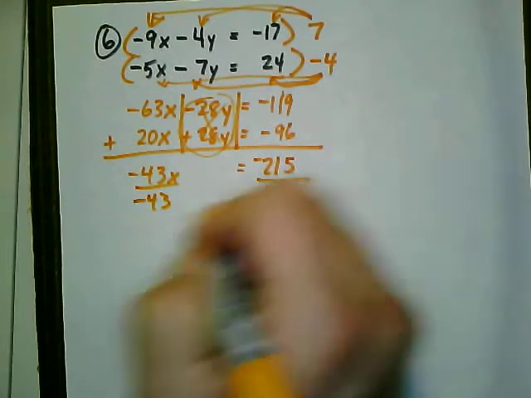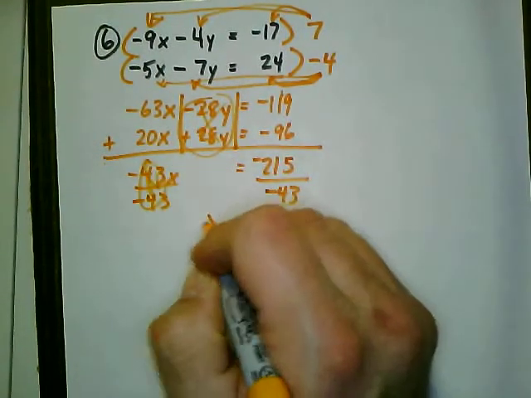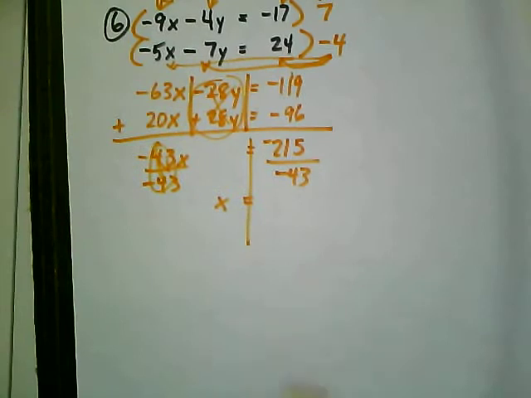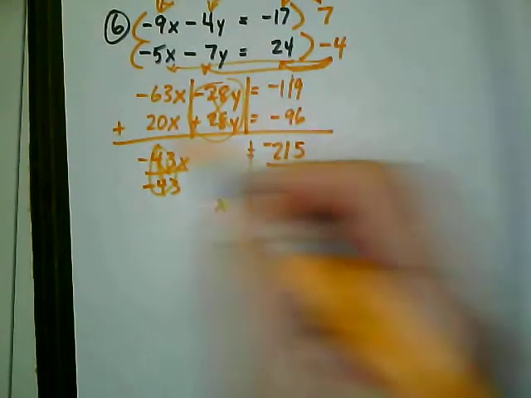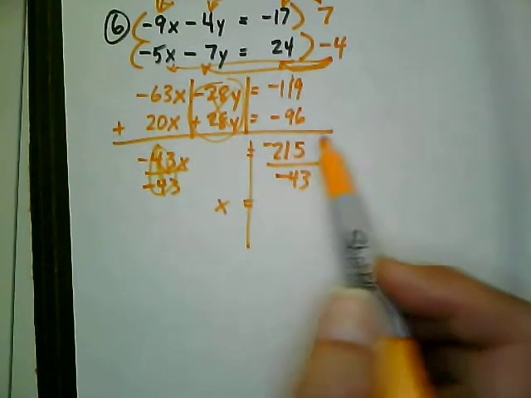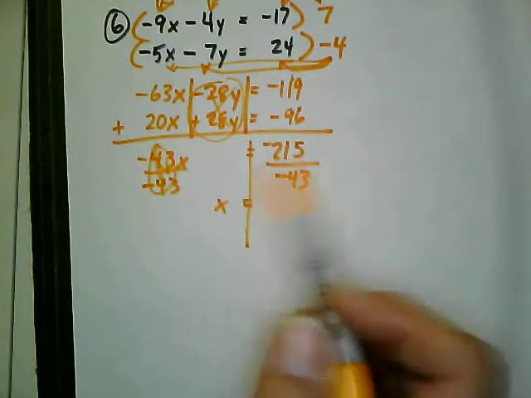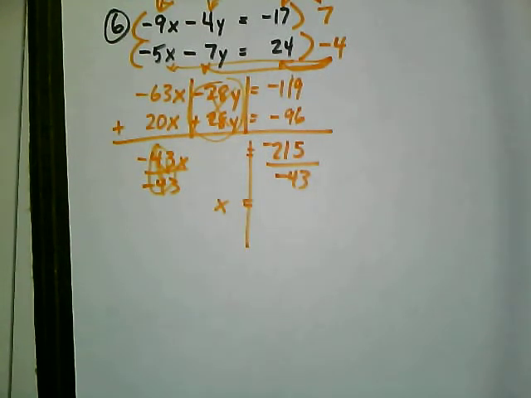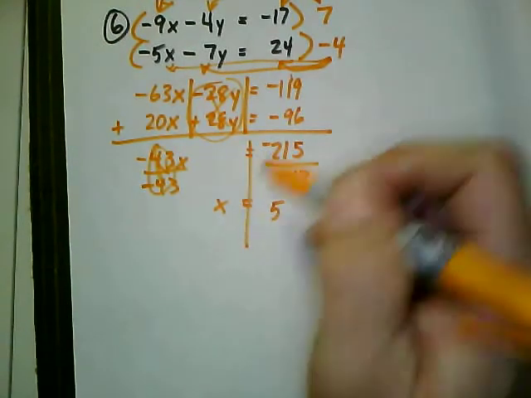Divide by -43. We have our x there. By the way, distribute, combine like terms, no extra variable, we just skip that step. There's nothing added to that x, so we skip that step. And we have that last step, which is to divide. 215 divided by -43 is 5.